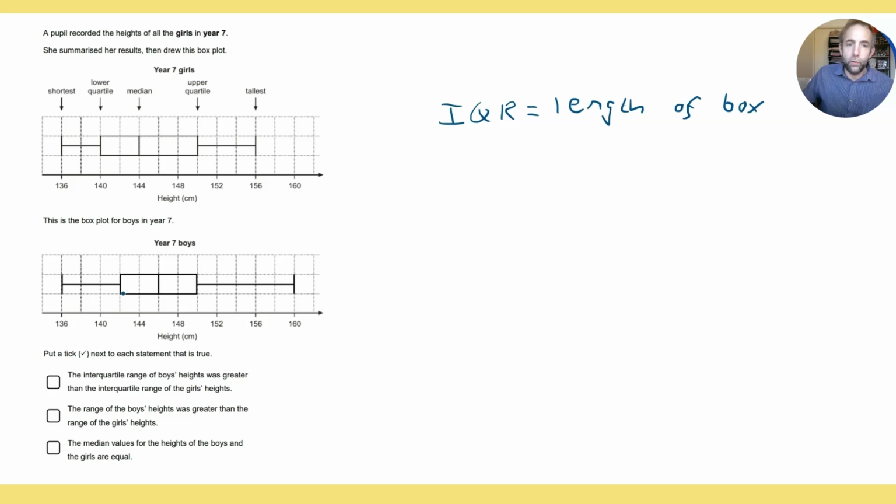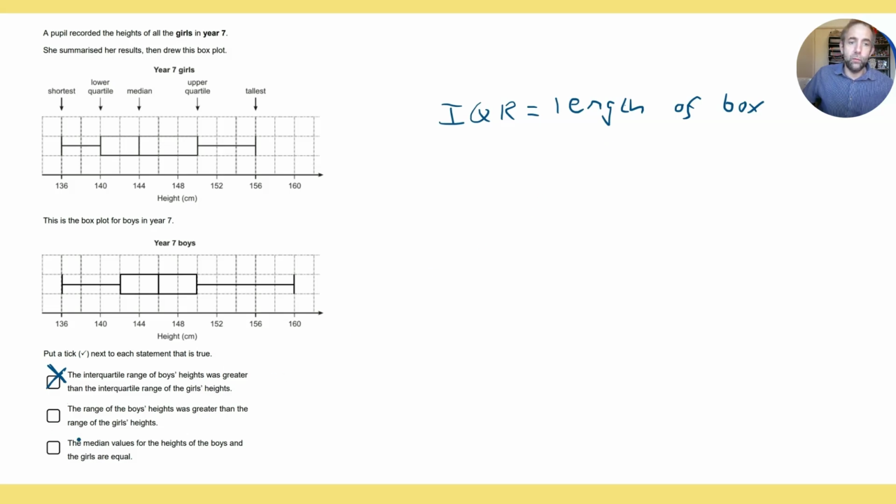Whereas the box for the boys, that's 142 to 150, which is 8. But where it's got the same scale, we can just tell straight away that this box is smaller in comparison to this one. And hence, that is not true.